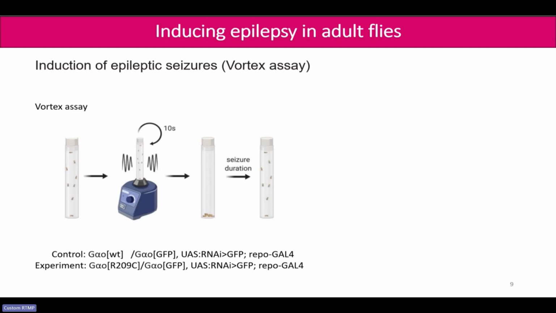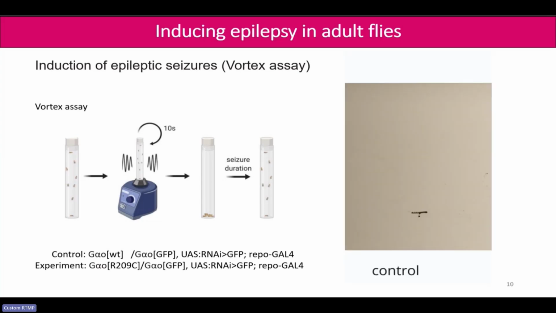When we obtained these flies, we used the vortex assay to induce epileptic seizure. So I'm just showing now. Okay, so it should be a vortex. So this is the control, there are no effects.